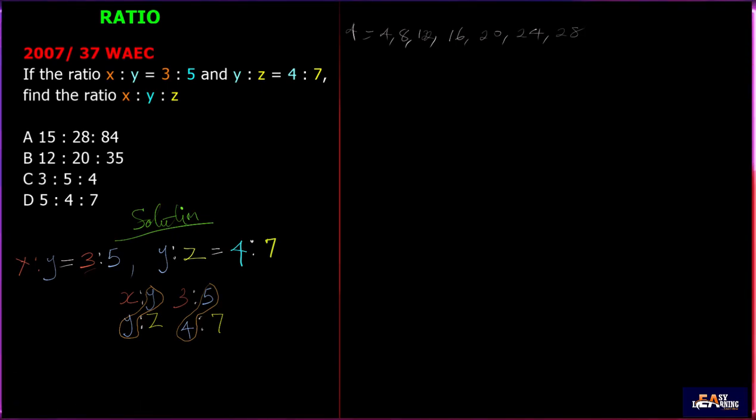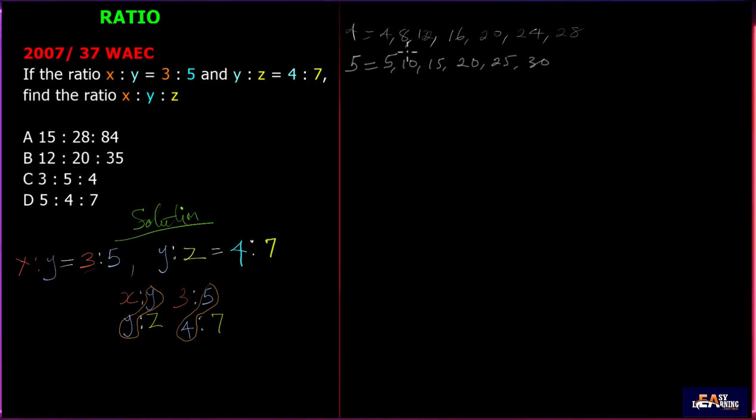If you take the multiples of 5, they will be 5 itself, 10, 15, 20, 25, 30, and the list goes on and on. Any number that we see here and also find here is a common multiple that 4 and 5 can divide.